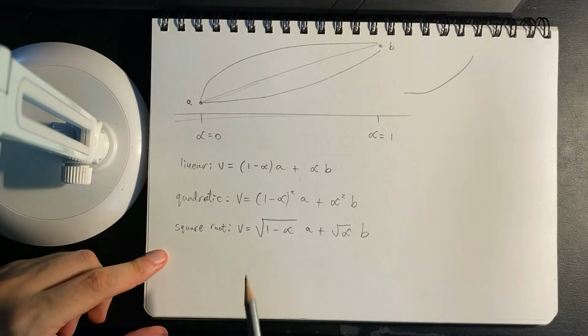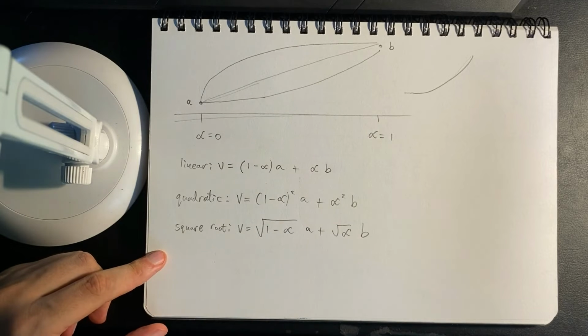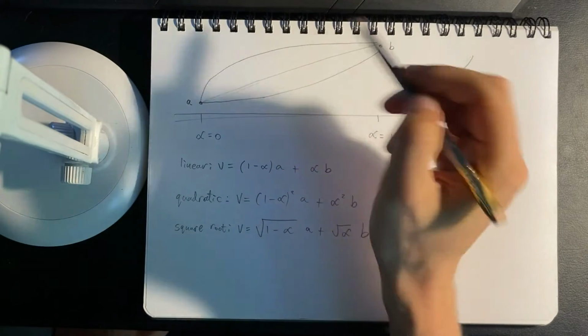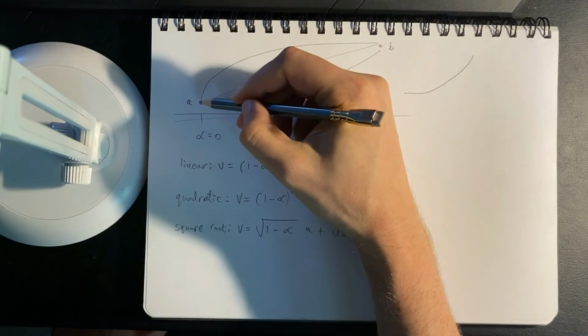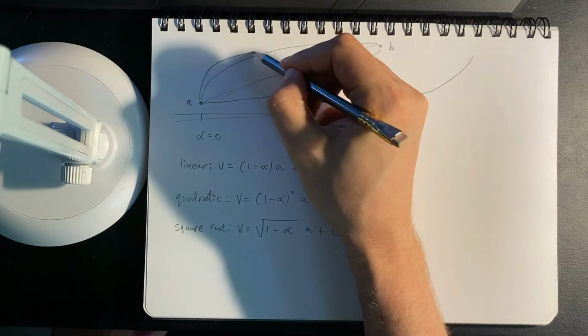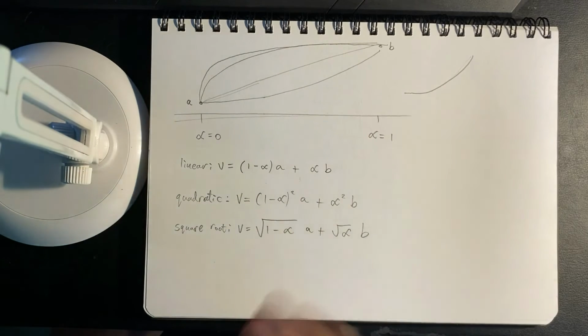If you want to make this more pronounced, just keep dialing up the powers. So instead of taking the square root, take the 4th root, the 8th root, the 15th root, it doesn't matter. What you'll be doing is just exaggerating this. So if we were to take a higher root, the initial change would be faster, and then it would asymptote towards the same end value.